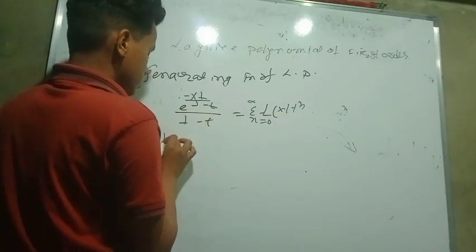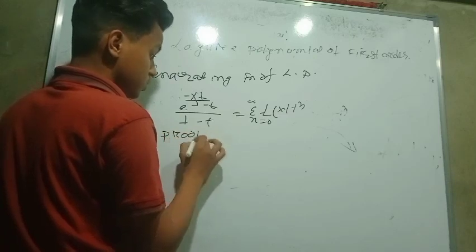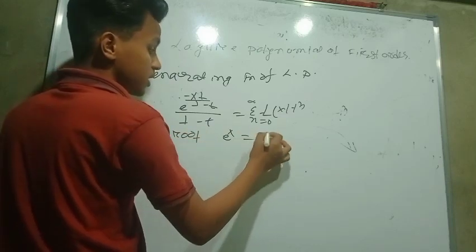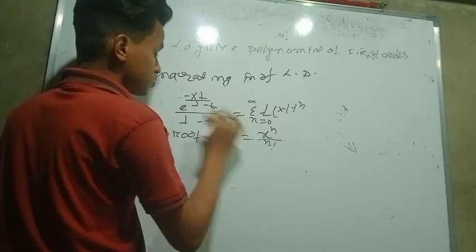So let's prove it. We know that e^x equals x^n upon n factorial. So apply this.